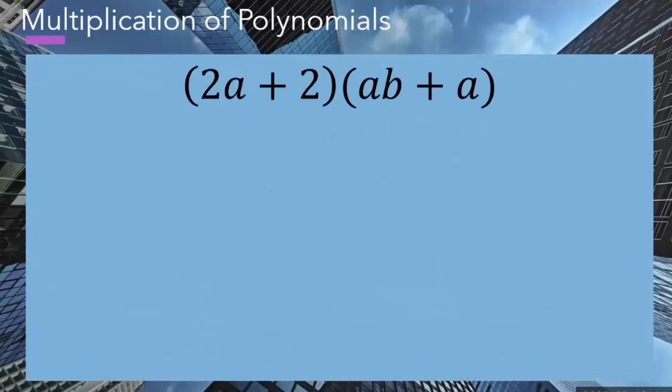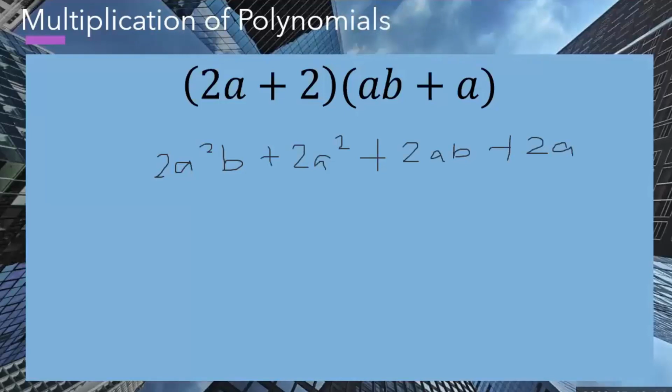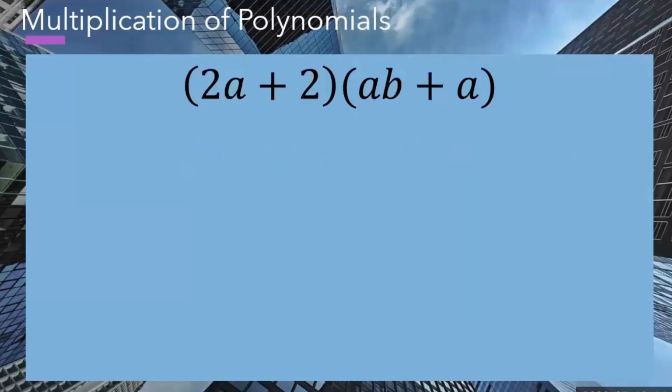Can you try this one? Okay, let me see. 2a squared b, and then 2a squared, 2ab plus 2a. Very good. Next. How about this one?